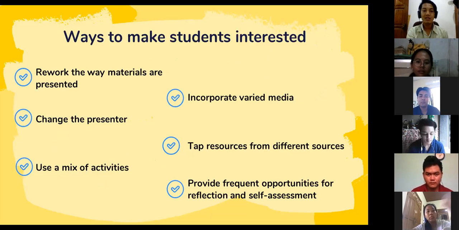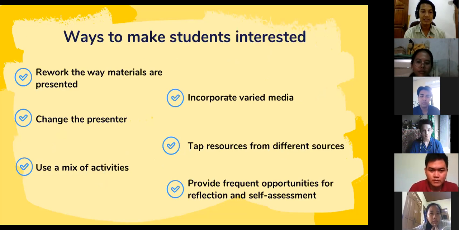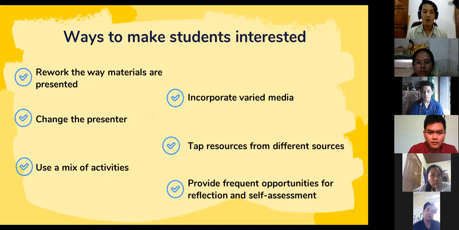As you can see on the slide, I will explain many ways to make students interested and involved, one by one. I will start with the first one, rework the way material is presented. This means that the teacher can rework and design a new way to present material that makes students more active and participative.